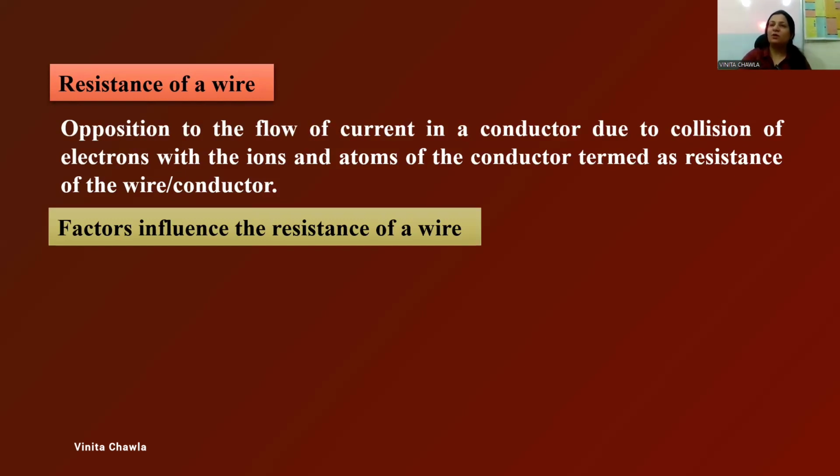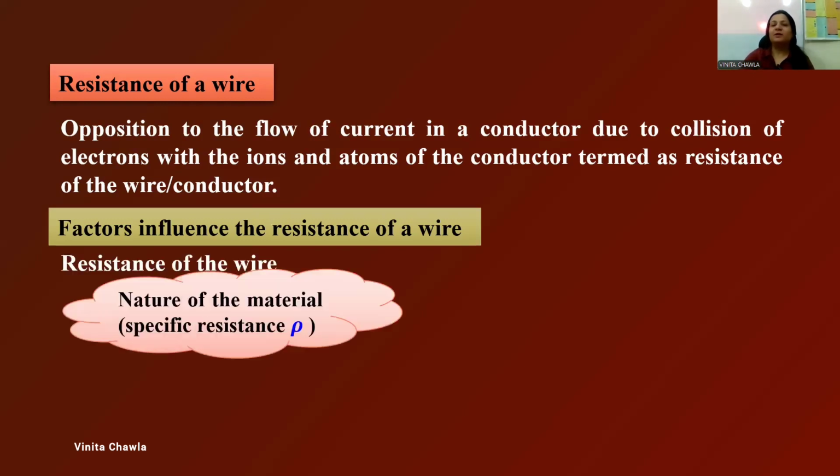It depends upon the area of cross section. Okay? The resistance of the wire depends upon the nature of the material. It depends upon the temperature. See, there are four factors. Four factors: length, area of cross section, nature of the material, and temperature. Okay. So these are the factors that influence the resistance of a wire.